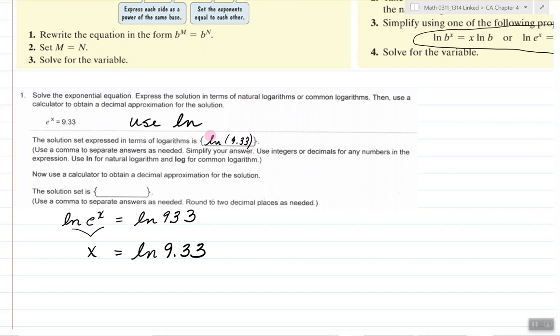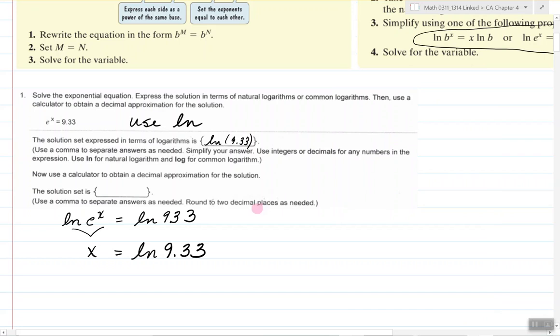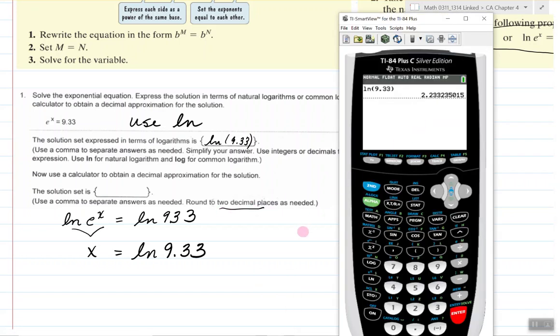The second thing is: now use a calculator to obtain a decimal approximation for the solution. So I'm going to go to my calculator. I'm going to go second quit. Now I'm on the home screen. I want the natural log of 9.33, close those parentheses. The instructions said 2 places, so let me get that again.